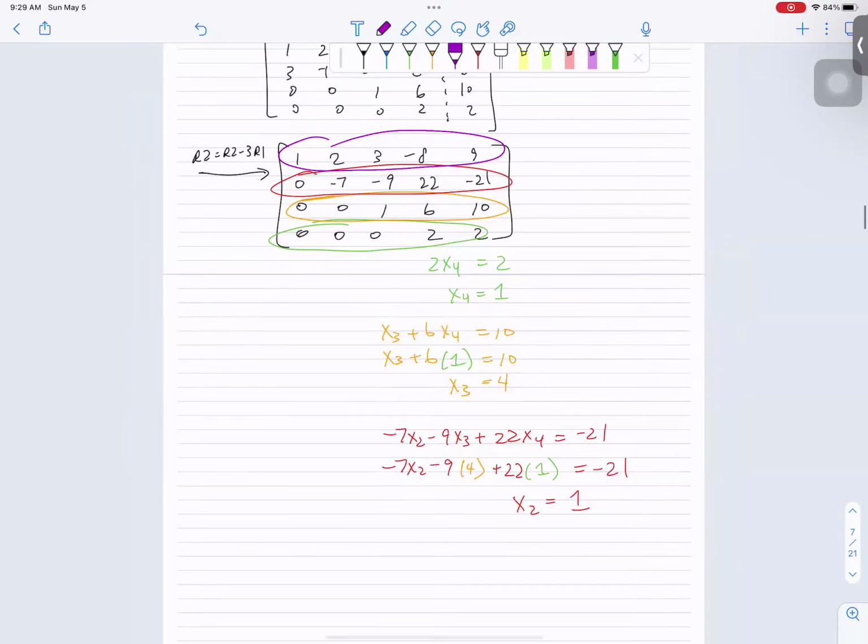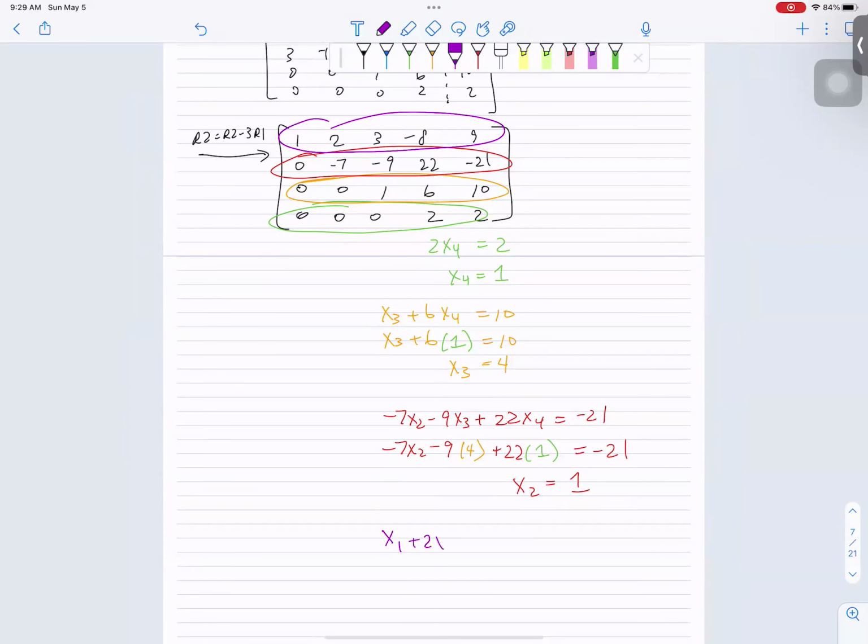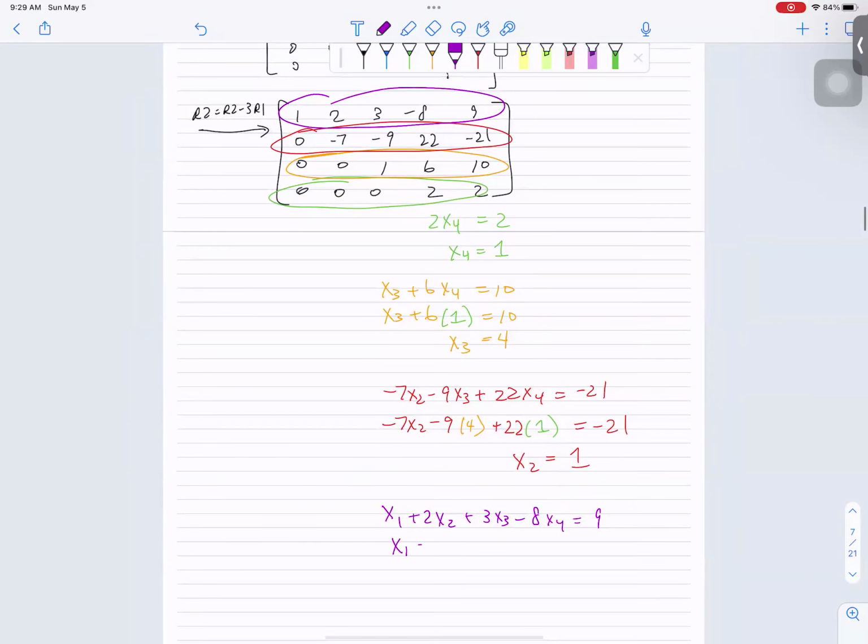And then finally, the first row has x1 plus 2x2 plus 3x3 minus 8x4 equals 9. x2 was 1, x3 was 4, x4 was 1. Simplify, and you'll get x1 equals 3.